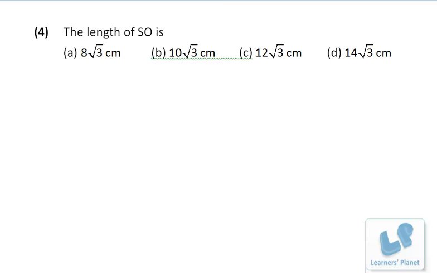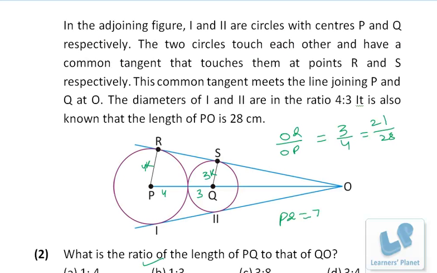Next one. Now we have to calculate the length of SO. So let's see what that is. SO is this length. Now this angle is 90 degrees. This length is 3 because the radius will be 3. Now this is 3. OQ, we know that it is 21.